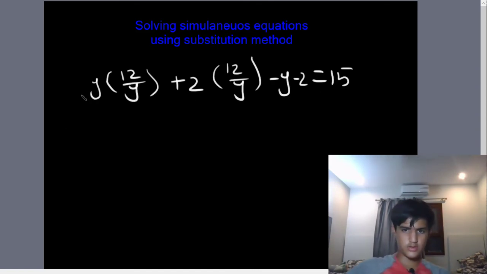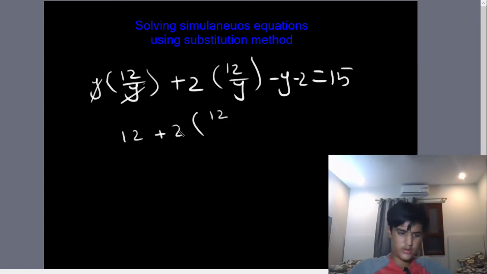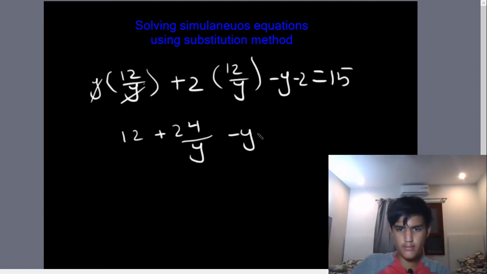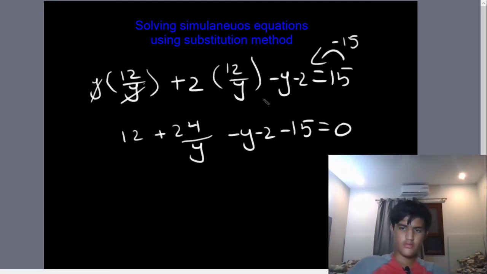So this is how far we get. So y will be cancelled with y here. So 12 plus 2 times 12 upon y. We're not going to add these because 2 is multiplying with 12 upon y, which ultimately becomes 24 upon y, minus y minus 2 minus 15 is equal to 0. We shifted 15 from here to there.